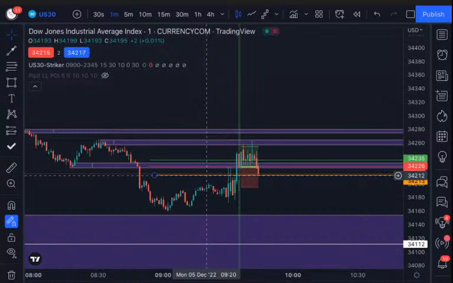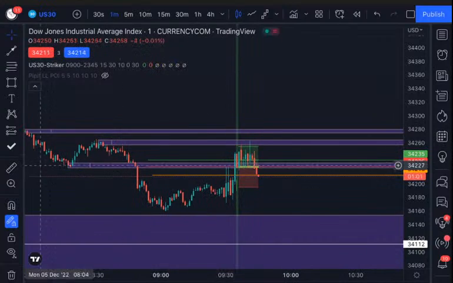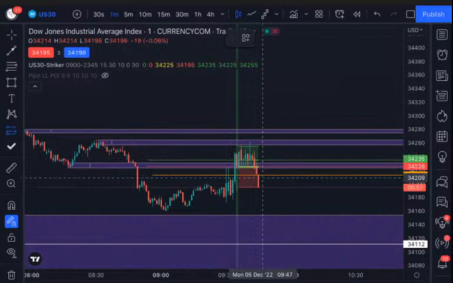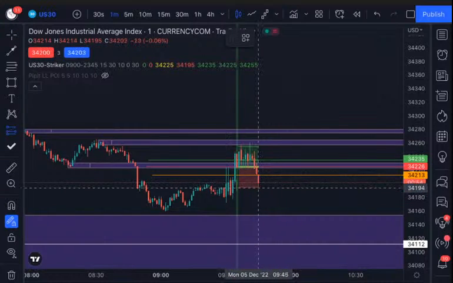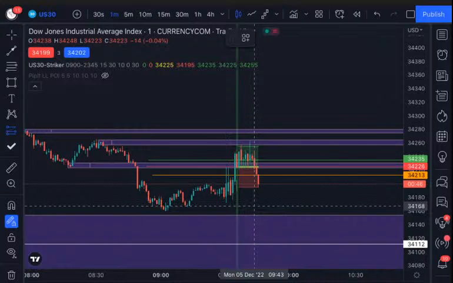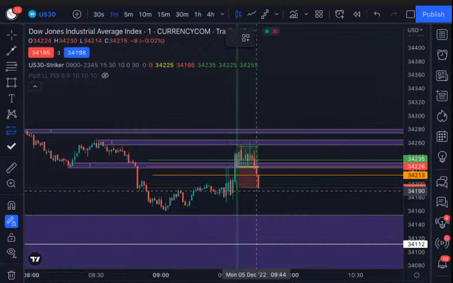Not yet. It's pushing harder. There we go. That's actually not bad. It could easily push down and break the structure right there.